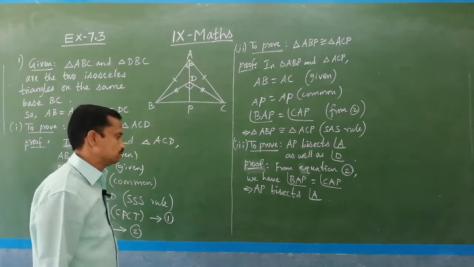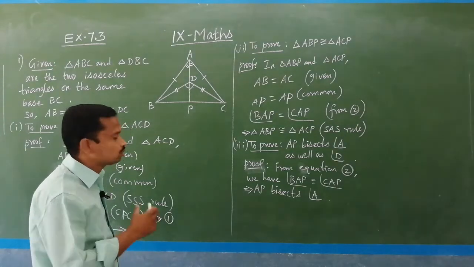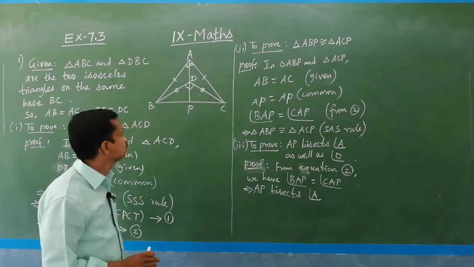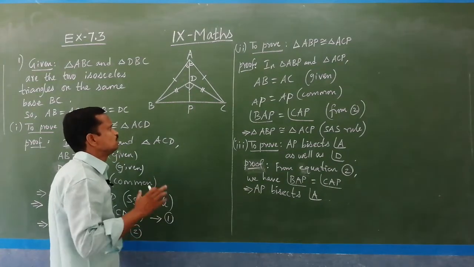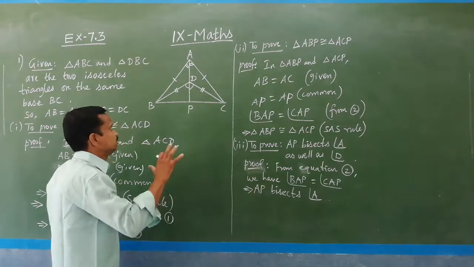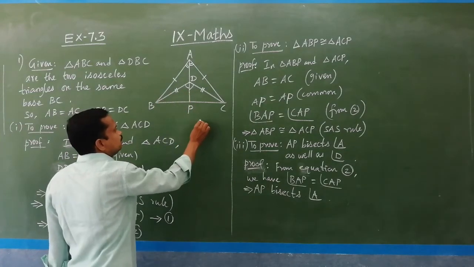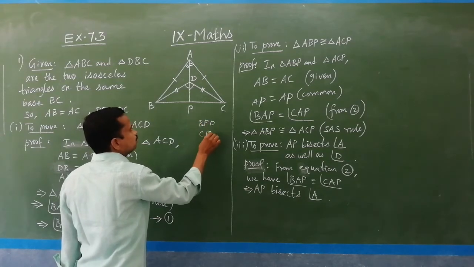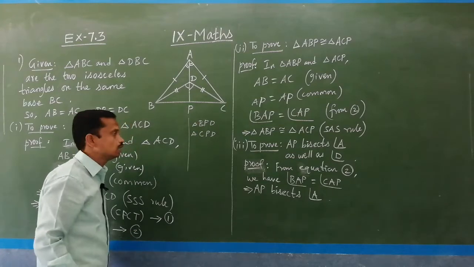So, we have to think by observing the diagram. You have to think what we have to do first to prove the given statement. So, first you take these two triangles. What are the equal things we can have directly? In these two triangles, BPD and CPD, this is rough work I am doing, for your reference.